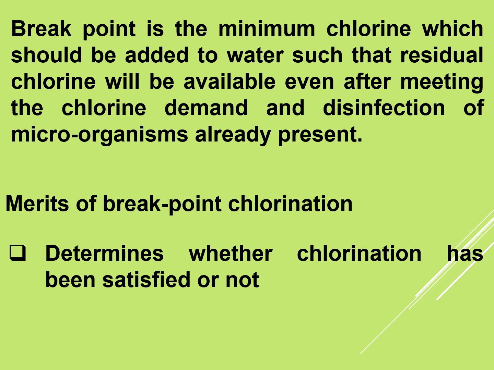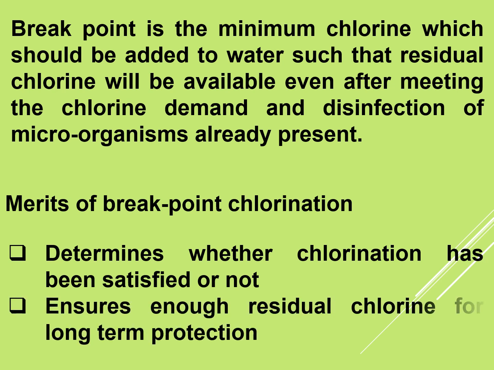Second, it ensures enough residual chlorine for long-term protection. So in future, if a microbial contamination comes, there will be enough chlorine to destroy those microorganisms. So it determines whether chlorination has been satisfied or not, and also ensures enough residual chlorine for long-term protection. This is the concept of break point of chlorination.